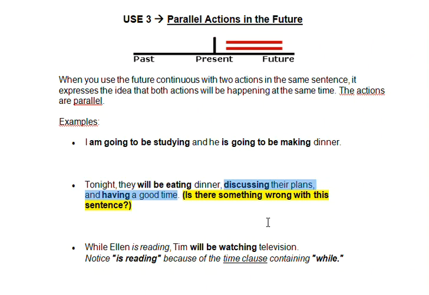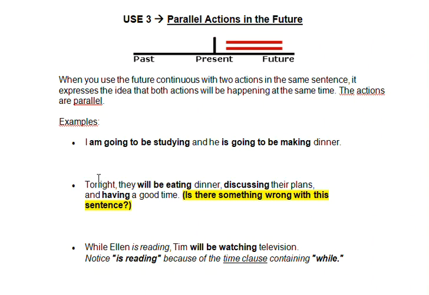Yo puedo acortar mis oraciones. Así se hace también en español. Yo puedo seguir utilizando el futuro continuo, en este caso al decir discussing their plans and having a good time, and I can shorten the sentences and not use the complete structure of the tense. Puedo acortar las oraciones y no utilizar la estructura completa del tiempo.